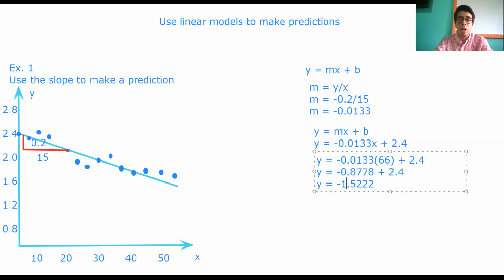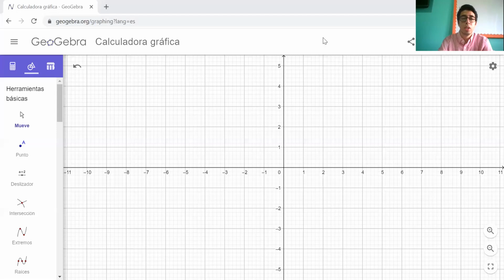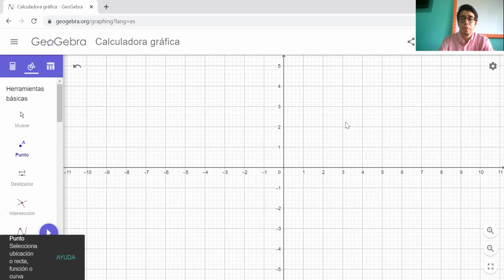Now that I finish here, I can show you maybe in the GeoGebra app, only to show you again how to find the slope when you have this line and you don't have the points, or you have many points like here. For example, in this part, only to use this to find the slope, I'm going to take random values.